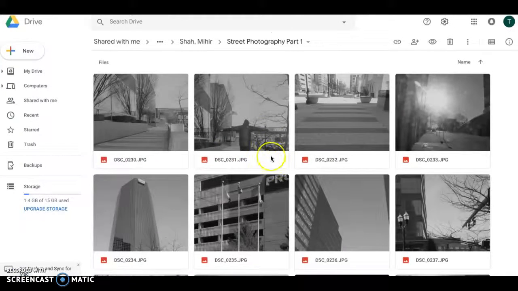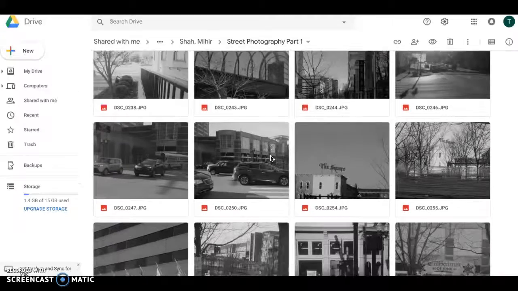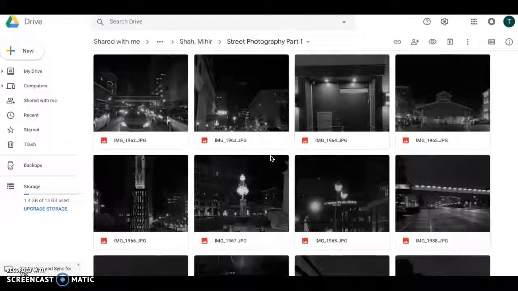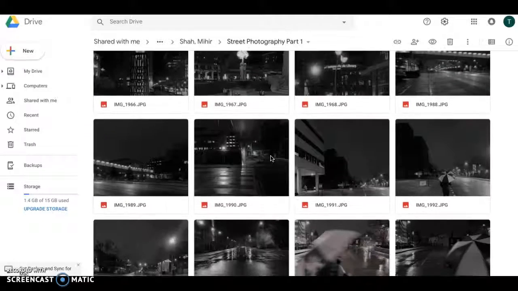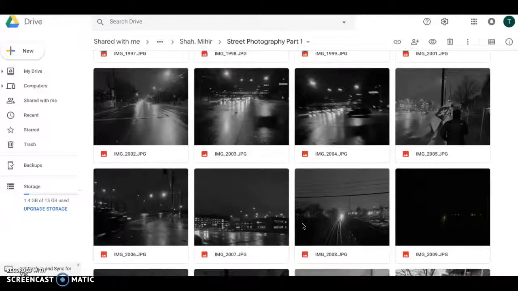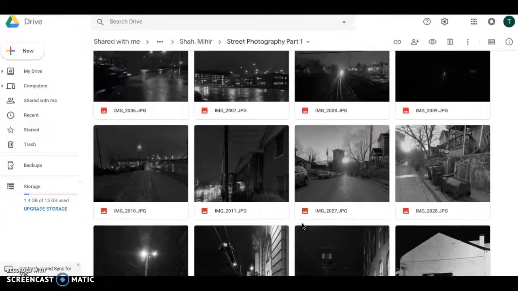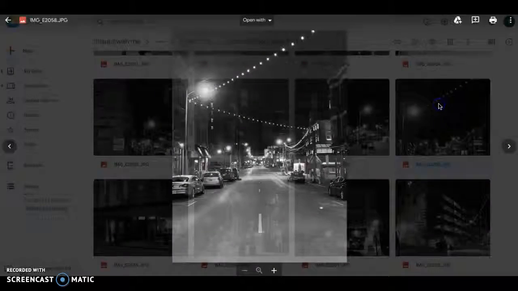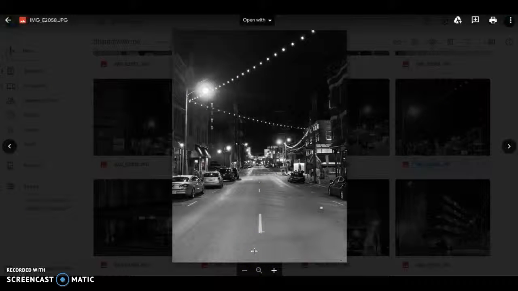Going back to his images, some that stand out to me are the ones that are taken at nighttime. Seems like it's downtown Lexington, just to show how he used the principles of design effectively. Let's look at some images, I think. So this one is a great image.